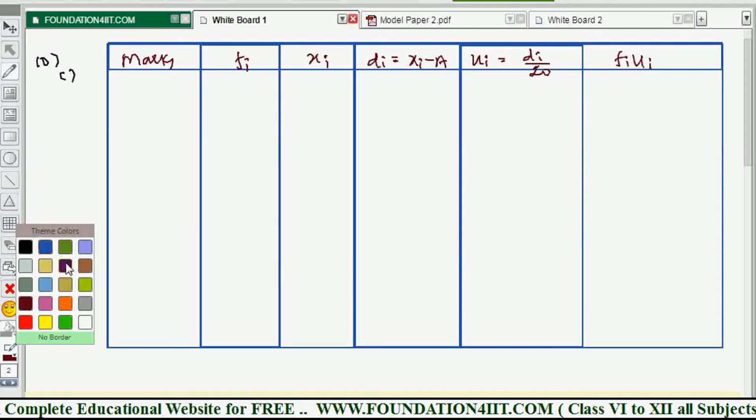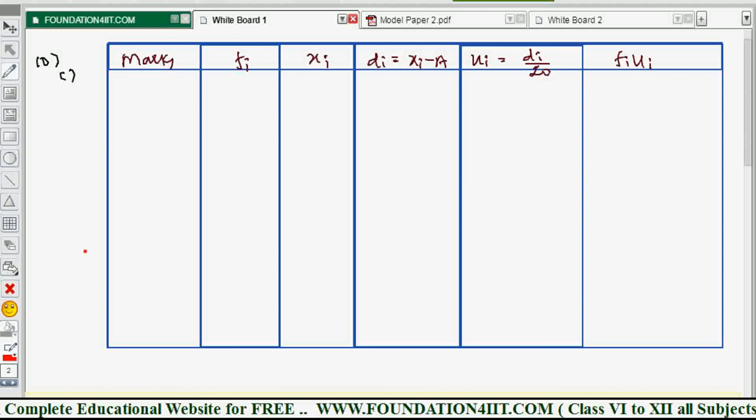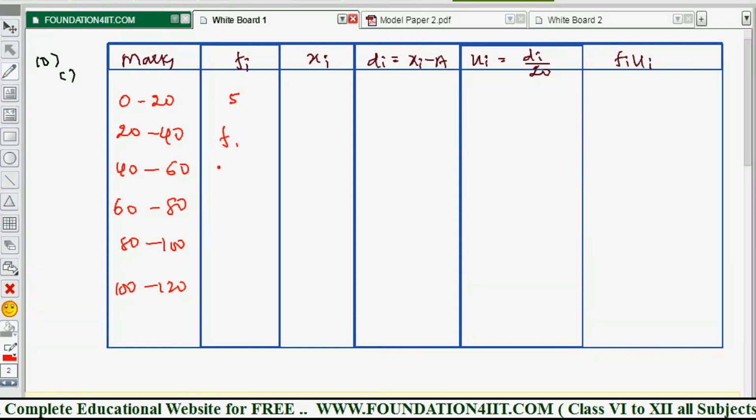Then if you take this given data: 0 to 20, 20 to 40, 40 to 60, 60 to 80, and 100 to 120. Let's take this given data and solve the problem. Frequency is given as 5, F1, 10, F2, 7 and 8.